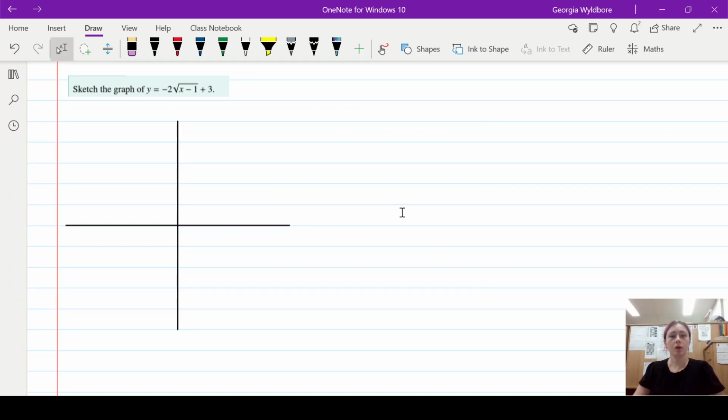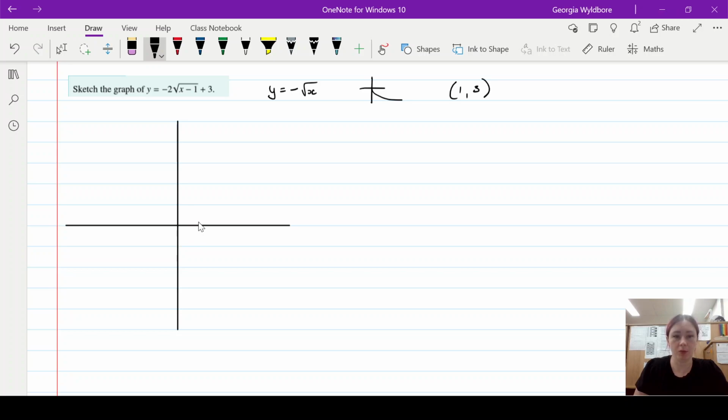In this example, y equals -2 times the root of x minus 1 plus 3. So because here we have y equals negative root x with the h's and k's and the translations, that means we know we're looking for that lower arm of our parabola. We can look for our endpoint. So (h, k) is going to be (1, 3).